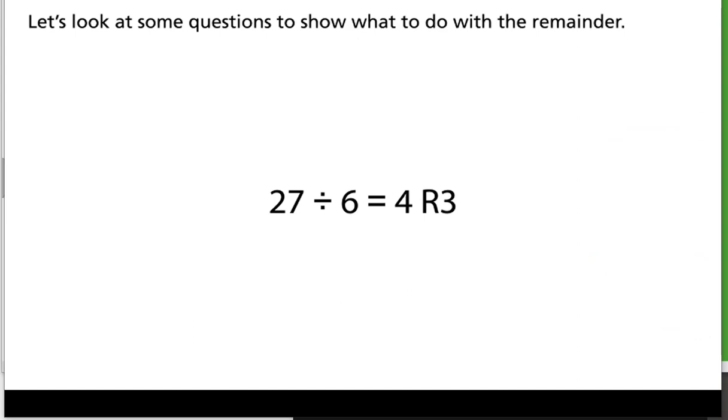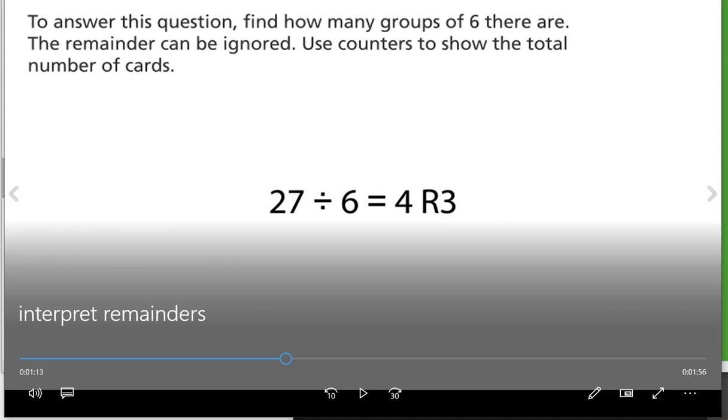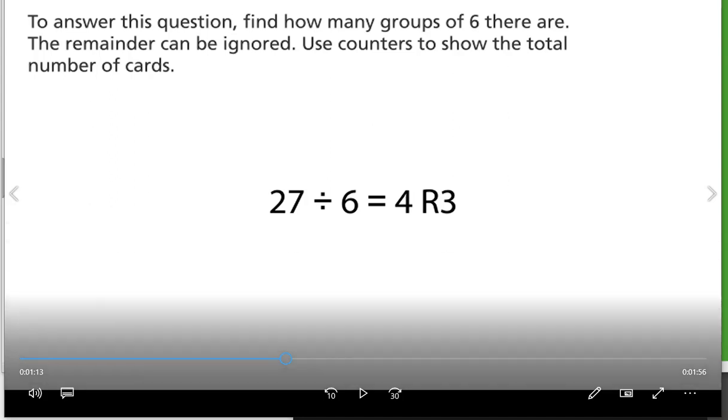Let's look at some questions to show what to do with the remainder. How many pages can Ned fill? Okay, I'll ask this question to Abdul Rahman Anwar.